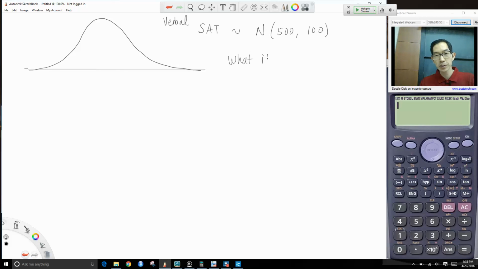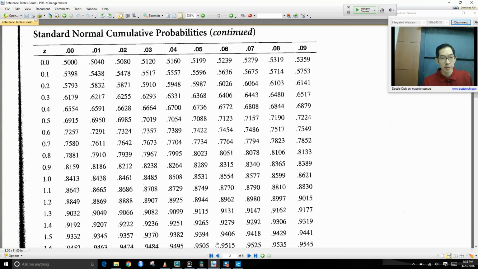What is the score of the 25th percentile? What score corresponds to the 25th percentile? All right, let me find our answer choices here.